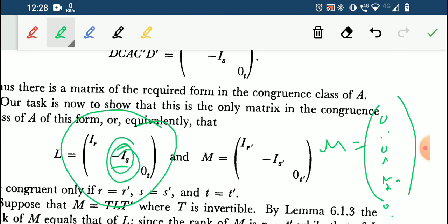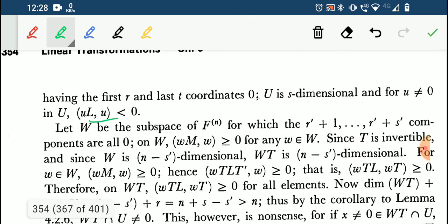So if you multiply, you'll get a negative number, right? Because minus is a negative number, and if you take all of these u's as positive, when you multiply it will become a negative number itself. Then I take the inner product with u. It's something like multiplying itself, a dot product, uL dot u.